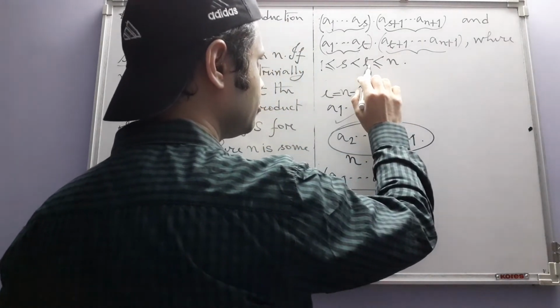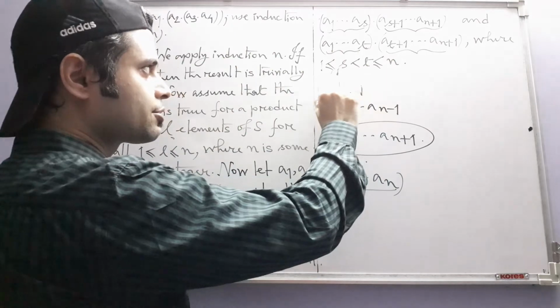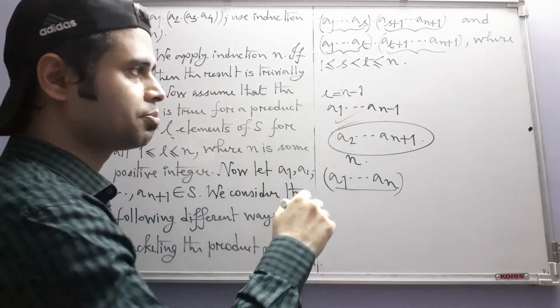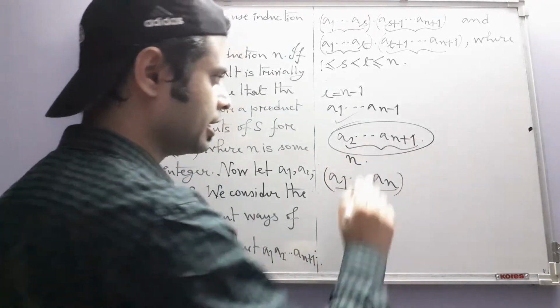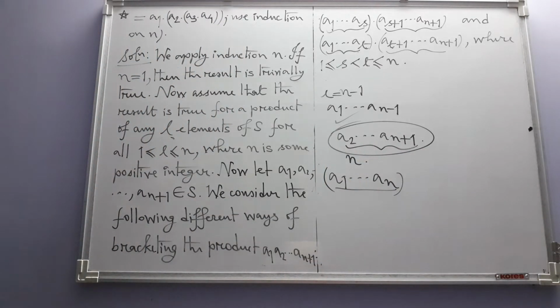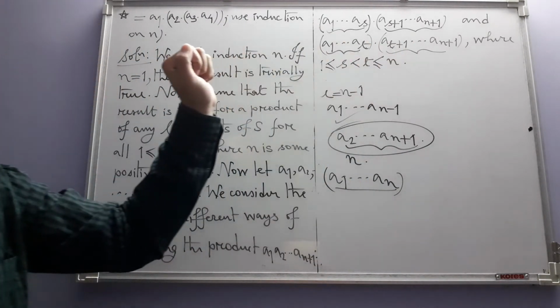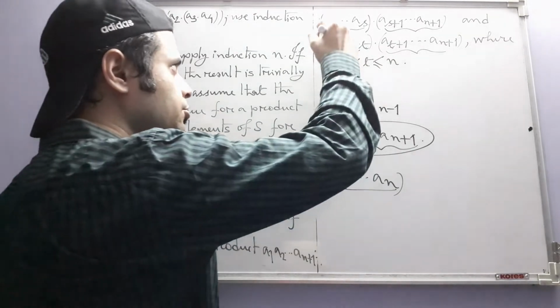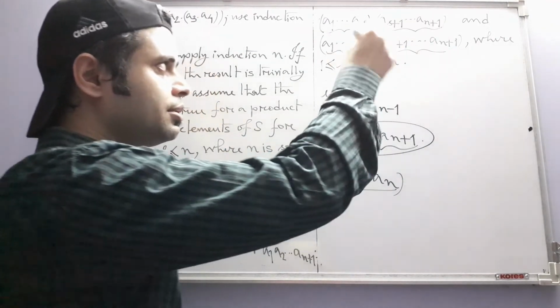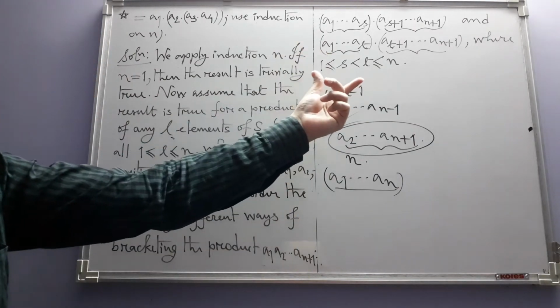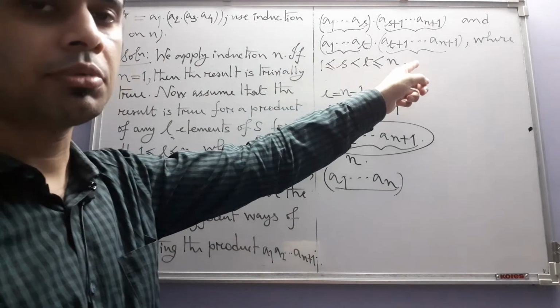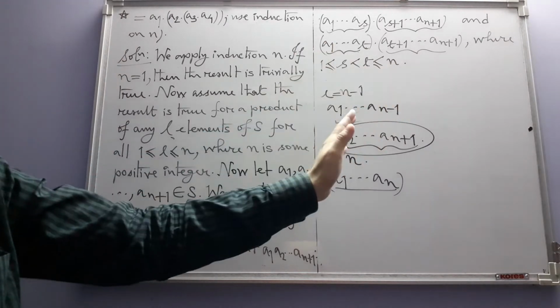T has to be strictly greater than 1, so the smallest value of T is 2, and we get this one again. Okay, so all these products are well defined. We have only shown the outermost way of bracketing this product in 2 different ways. Inside what is happening we don't know, and we don't need to know.